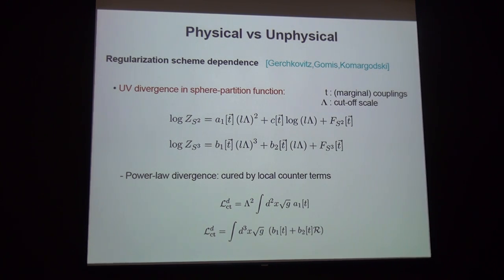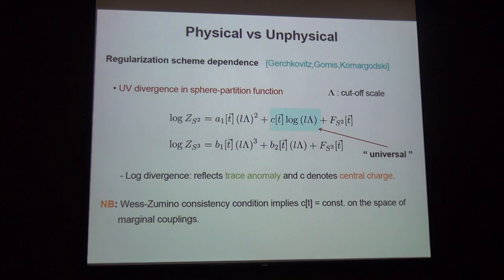But in even-dimensional space-time, the sphere partition function also contains the logarithmic divergence, which is highlighted in these expressions. And it's also well known that this logarithmic divergence cannot be cured by any counterterm. In other words, this logarithmic divergence is independent of the choice of the regularization scheme. Therefore, it must have some physical meaning.